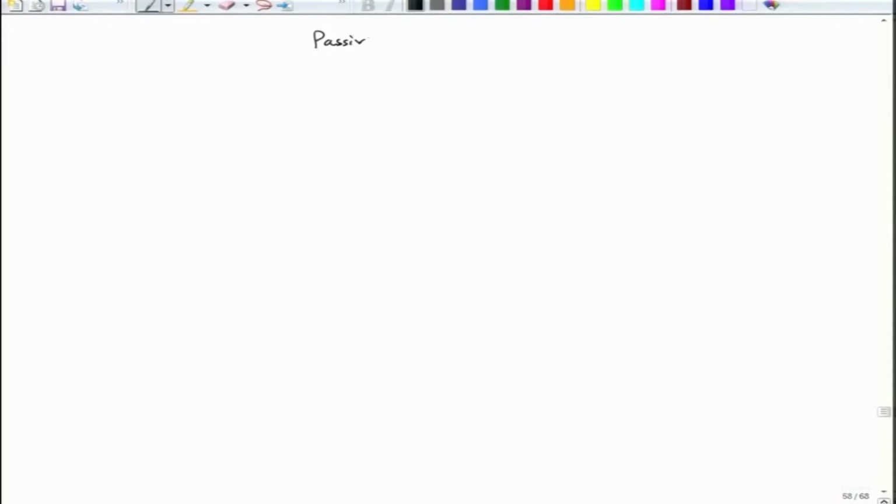So the second part is passivation, and this passivation is extremely important in the engineering field. For example, stainless steel is very popular.